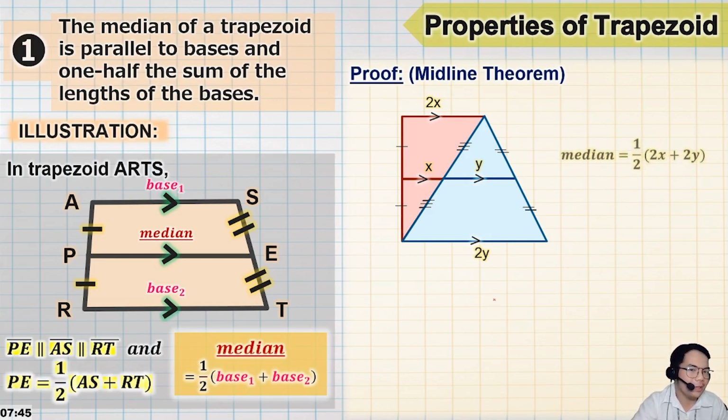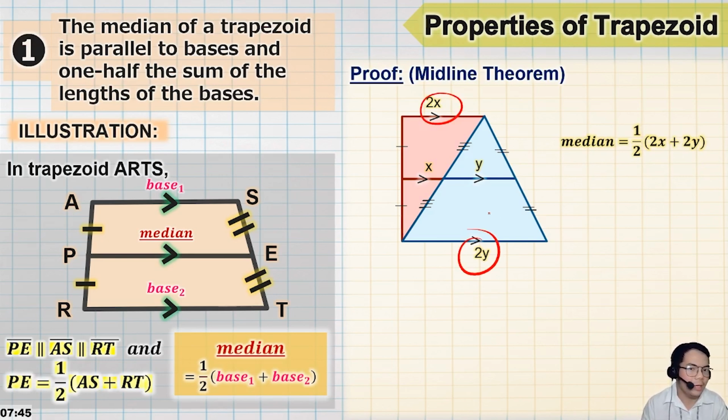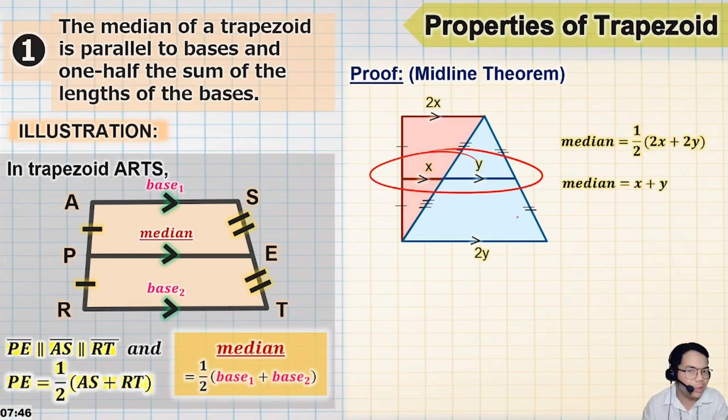Look. When we take the half of the sum of 2x and 2y, we add 2x plus 2y, our two bases, and take the half of each, we will have the measurement of this side, which is equal to x plus y. Technically, they are equal. Half of 2x plus 2y is x plus y, and that is confirmed through this idea. The median is also equal to x plus y.